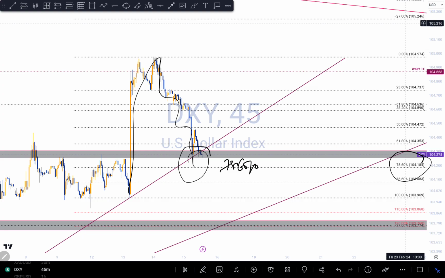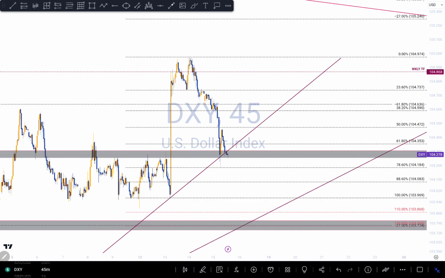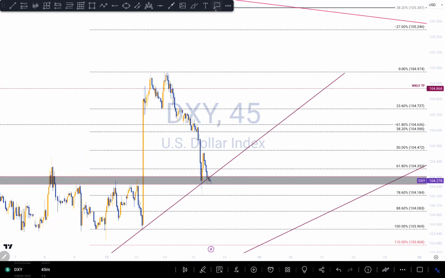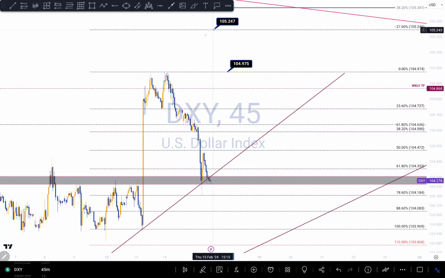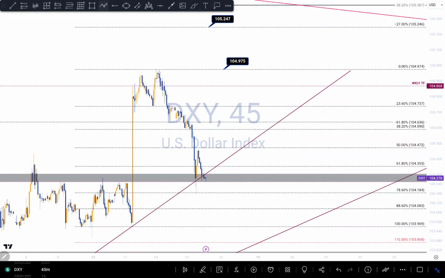So if the buy still holds, I still need more confirmation, more impulsive moves to the upside, for me to know that we will continue to buy, before we take any trade. And if we continue to buy around that area, certainly my first target will be around here, and my second target will certainly be around here, 247 will be my second target. So this is what I am looking forward to right now on DXY.